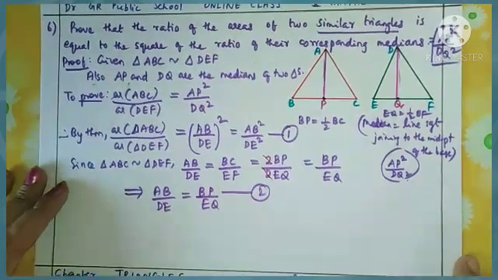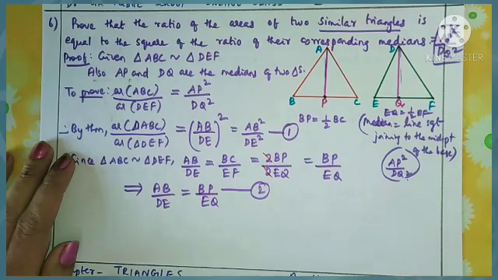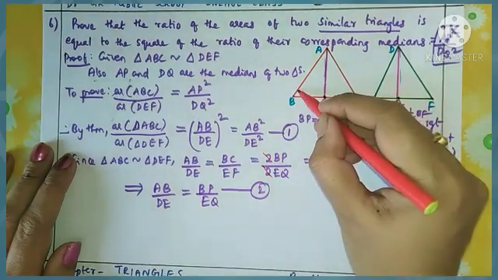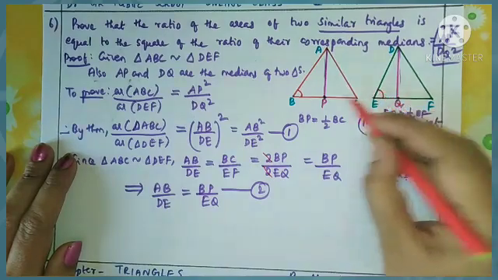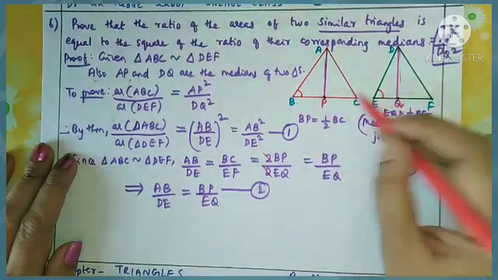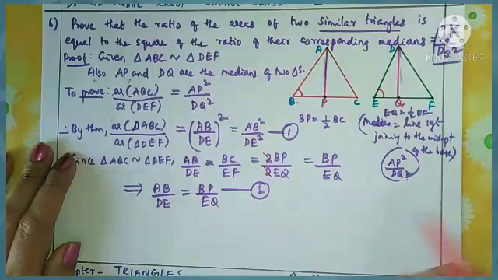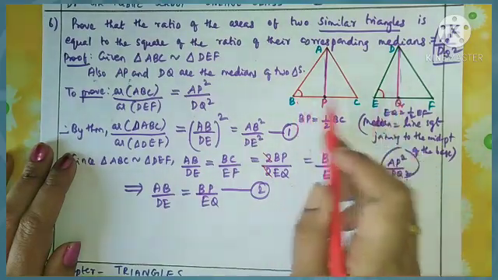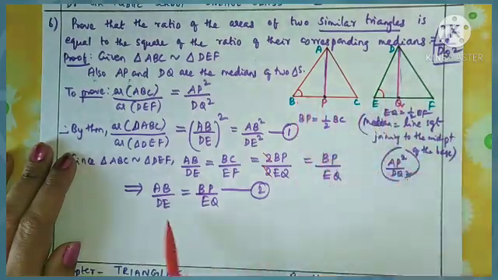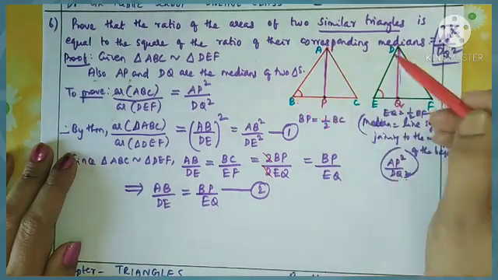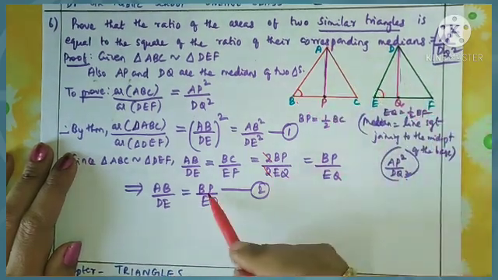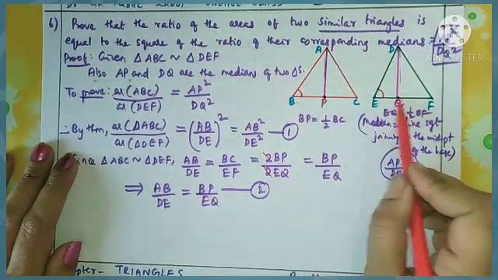Now see these two angles, angle B of this triangle and angle E. They are correspondingly equal angles. From the second result, AB corresponds to DE and BP corresponds to EQ.